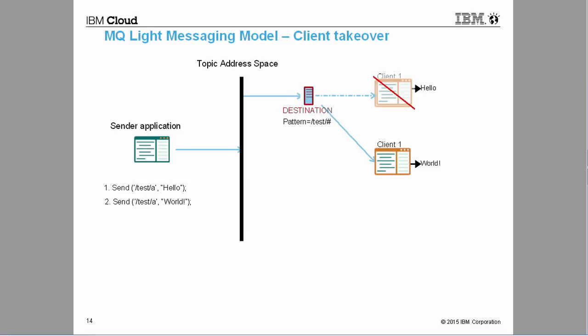This slide talks about a different messaging model called client takeover. One of the use cases is where the client is the consumer: when a sender application sends a message and the end user client doesn't come up in a particular time, there can be another similar backup application subscribing to the same pattern of the destination topic address space and receiving the same message.